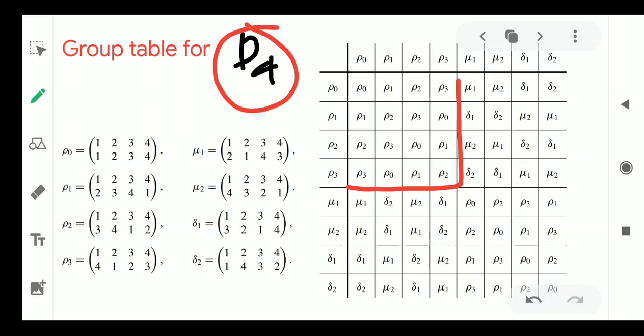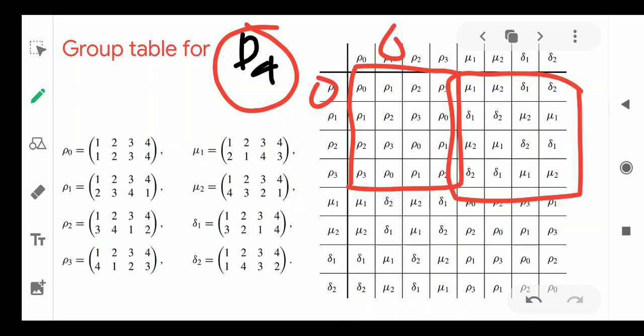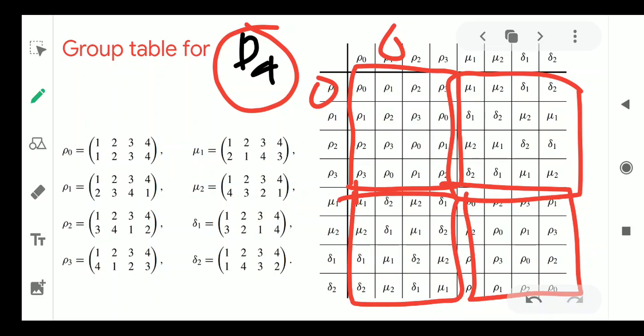Carefully observe. Here also you can see a beautiful thing. Up to this you will be having only rotations, because rotation followed by rotation will give you rotation only. Then here you see there come mirror reflections as well as diagonal flipping. I'll tell you why it is so. Then this one is a combination of mirror reflection and diagonal flipping.